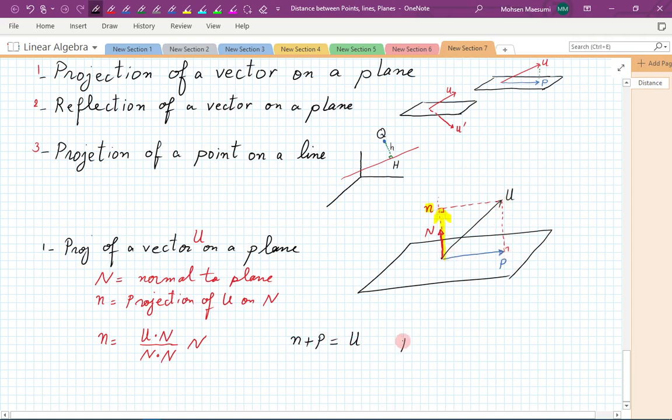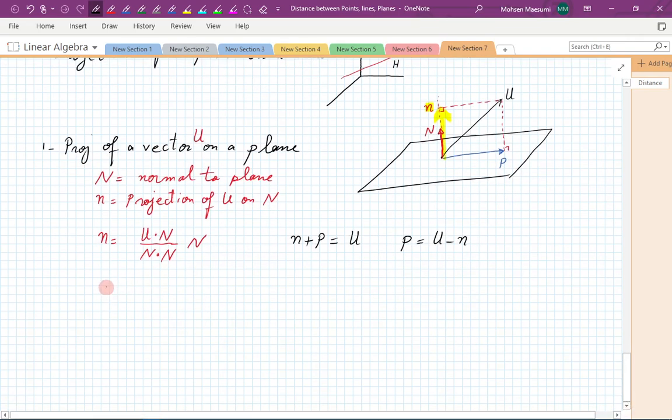So I can easily get p as u minus n. So the projection vector that we want, p, that is the projection of u on the plane with normal n, is equal to u itself minus n, which is u minus u dotted with n over n dotted with n, times n.